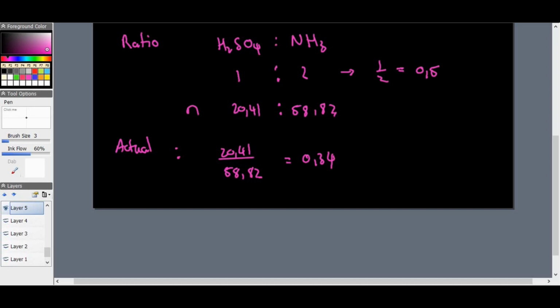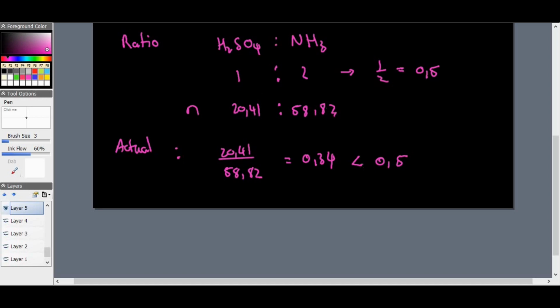If you round off to 2 decimal places, this ratio is smaller than our mole ratio. Our mole ratio is 1:2, which is basically 0.5. Theoretically, if our mole ratio was exactly half, then we only needed twice as much to react, but we got a little bit more.